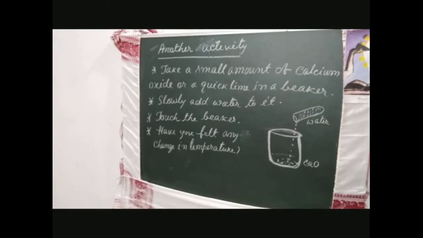Take a small amount of calcium oxide or quicklime in a beaker. Slowly add water to it. Touch the beaker. Have you felt any change in temperature? You will find that the beaker becomes hot.